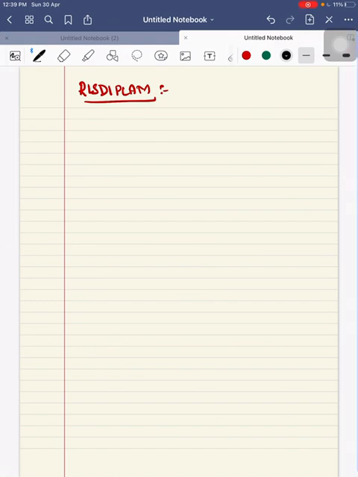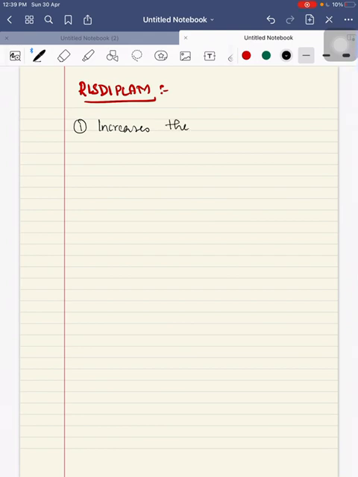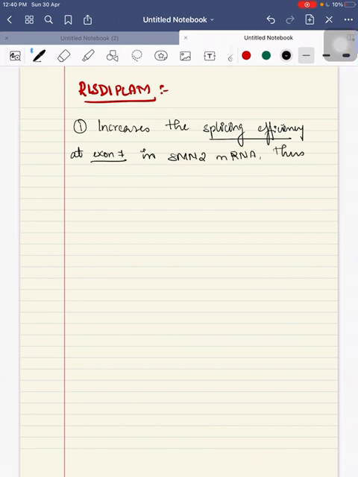So Risperidone, the mechanism of action is it increases the splicing efficiency at exon 7 in SMN2 mRNA.